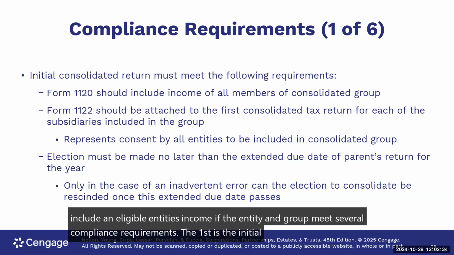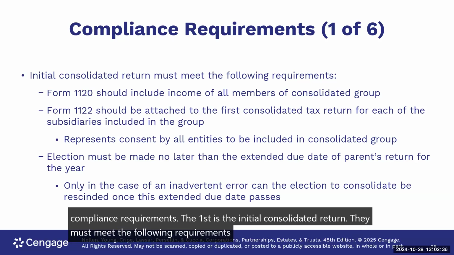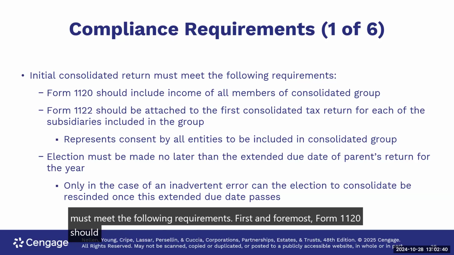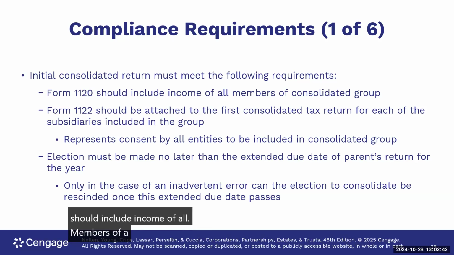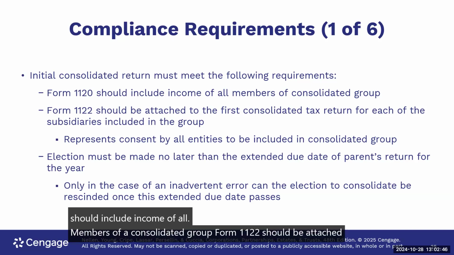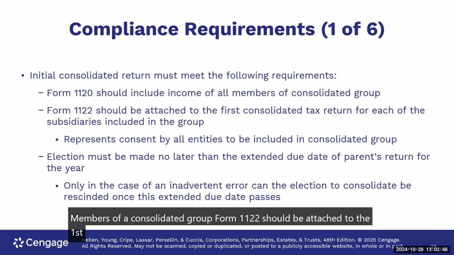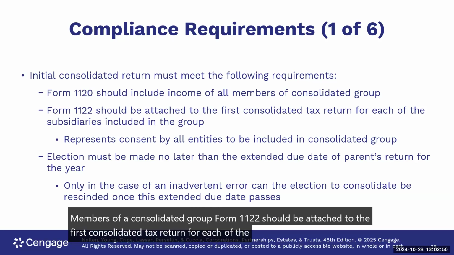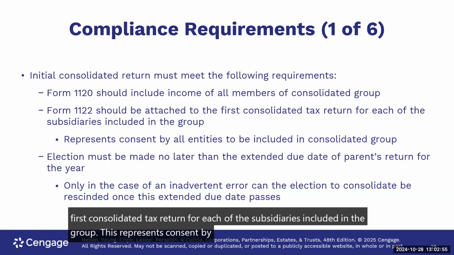They must meet the following requirements. First and foremost, Form 1120 should include income of all members of a consolidated group. Form 1122 should be attached to the first consolidated tax return for each of the subsidiaries included in the group. This represents consent by all entities to be included in the consolidated group.